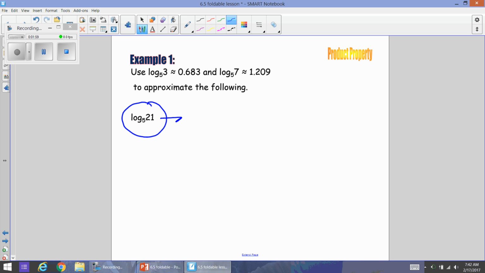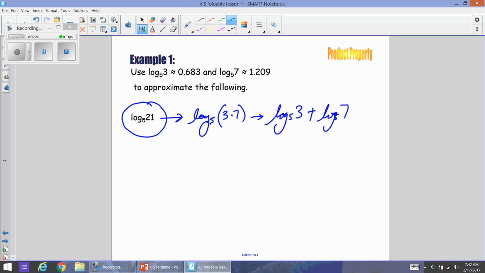Log base 5 of 21 is really log base 5 of 3 times 7. And log base 5 of 3 times 7 is really log base 5 of 3 plus log base 5 of 7, because multiplication is addition.